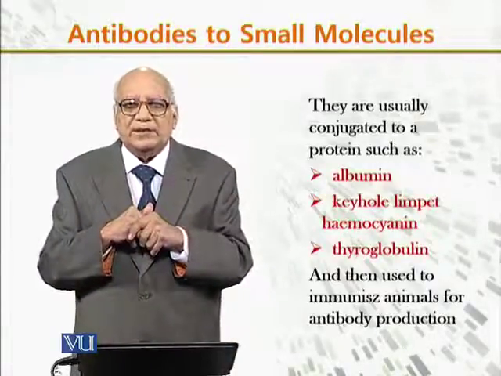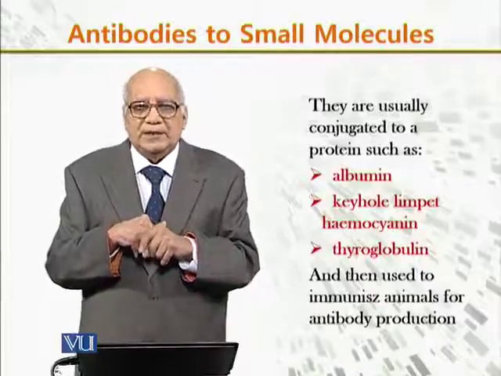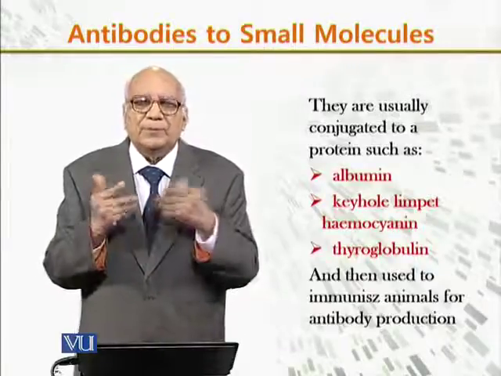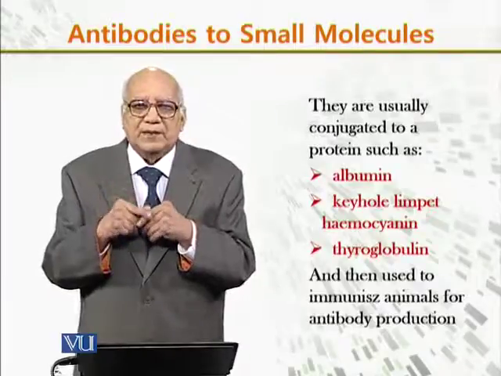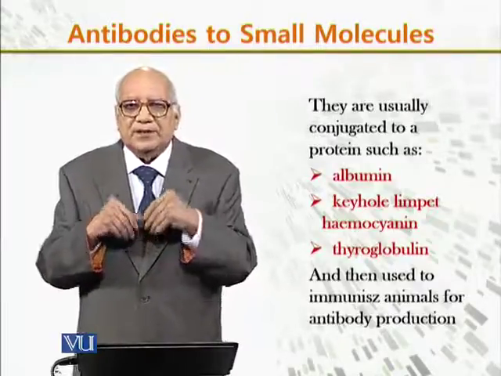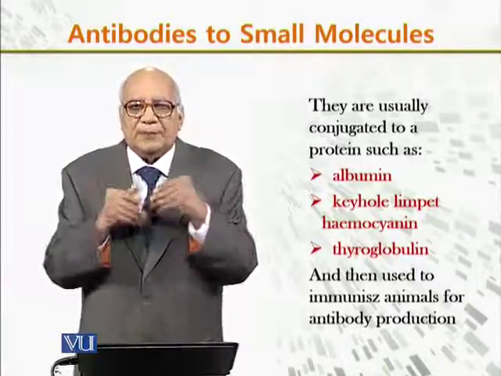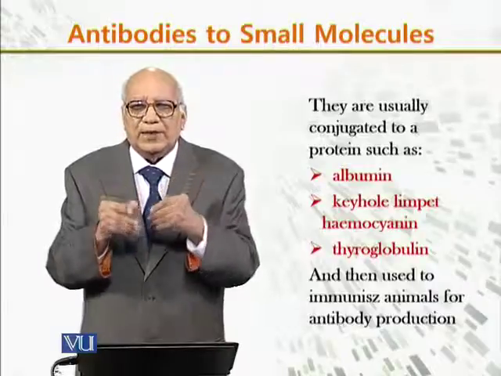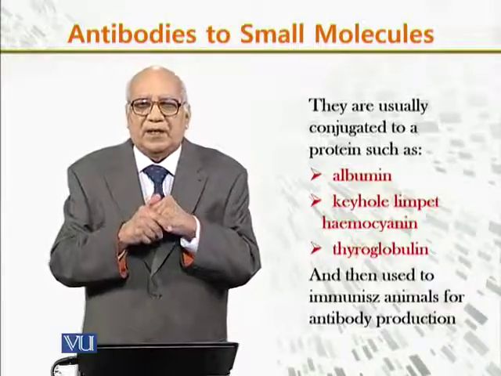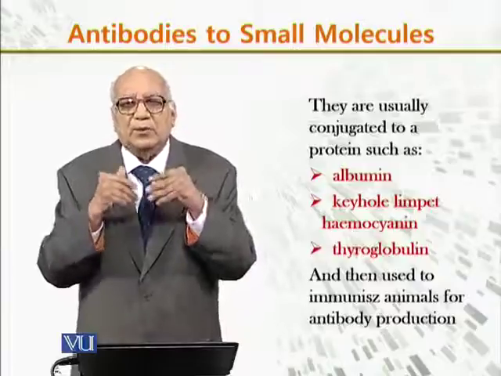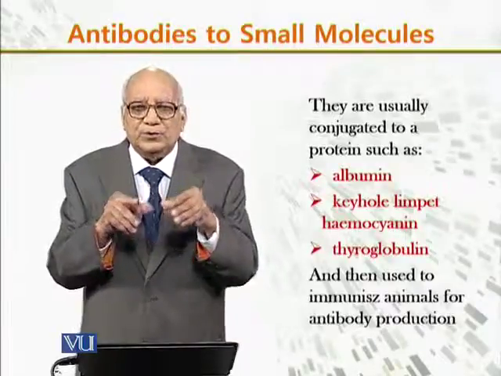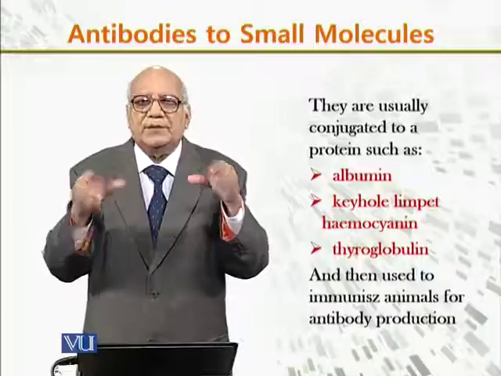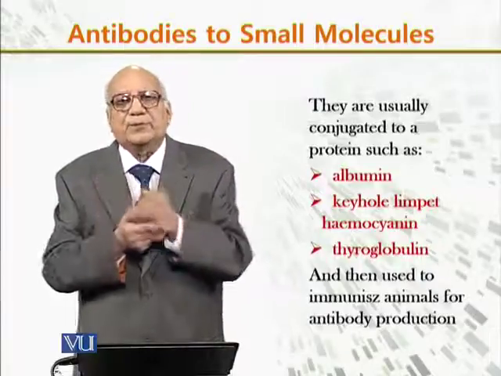They are usually conjugated to a protein such as albumin, such as keyhole limpet hemocyanin, or thyroglobulin, and then used to immunize animals for antibody production.